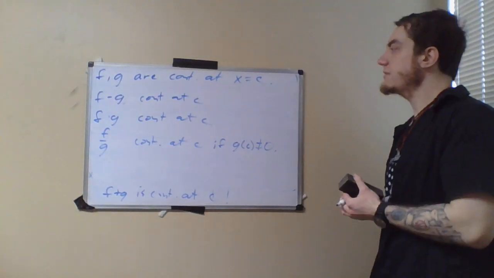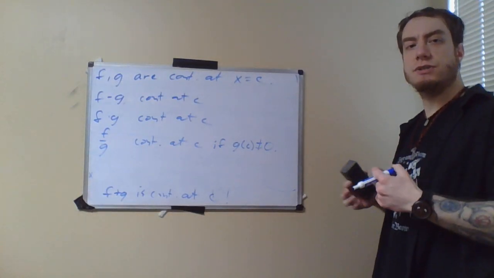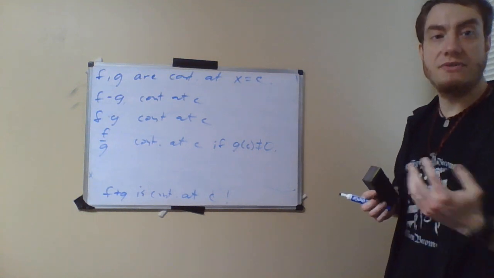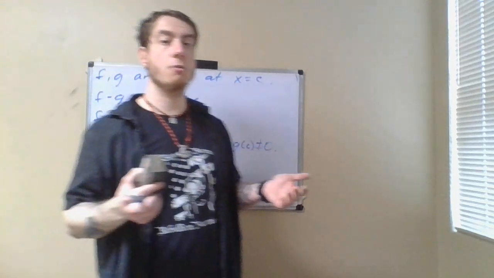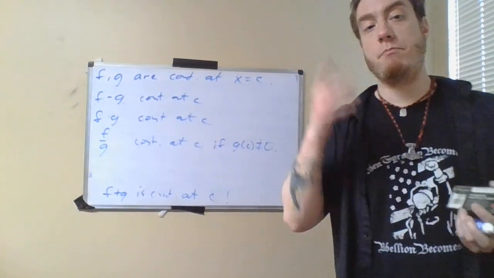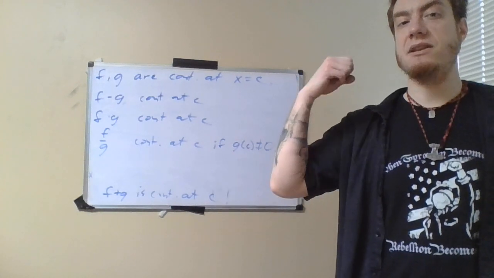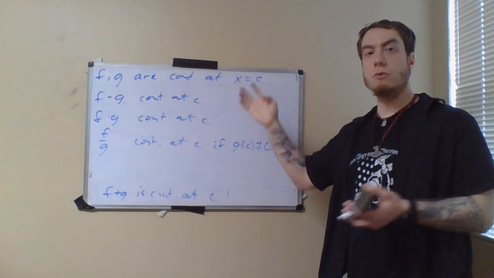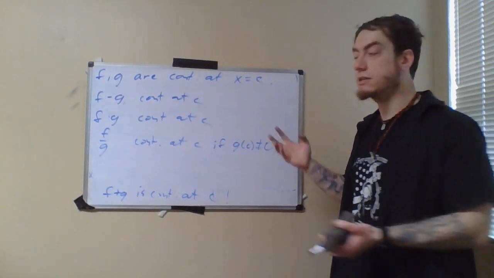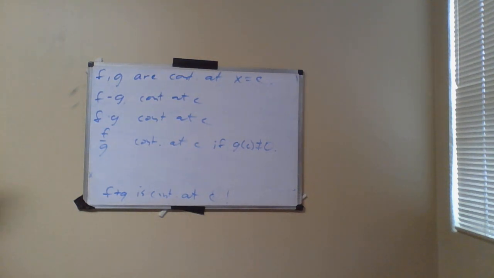So, one of the things that we can say from this is that a lot of the functions that we are familiar with are continuous on their entire domains, because most functions that we are familiar with are built out of what? Polynomials, exponentials, logarithms, and trig functions. If I do an arithmetic combination of those things, well, I get a combo that comes out to be essentially also continuous.